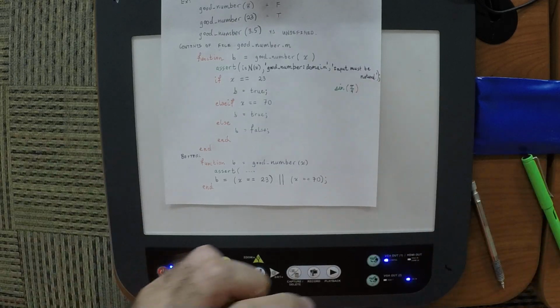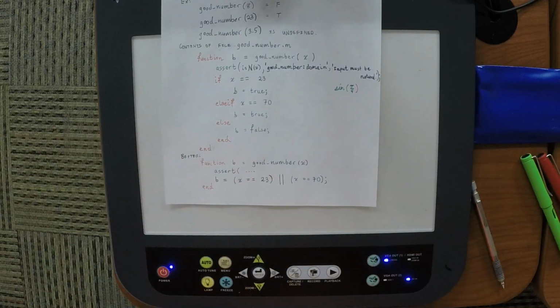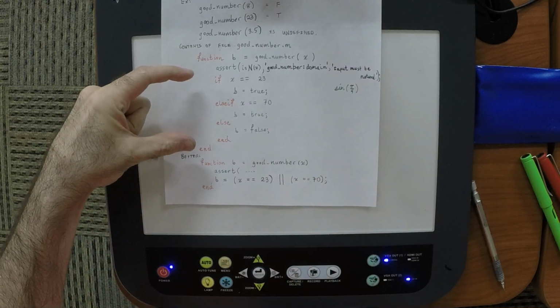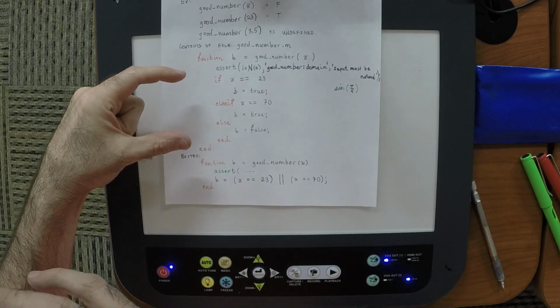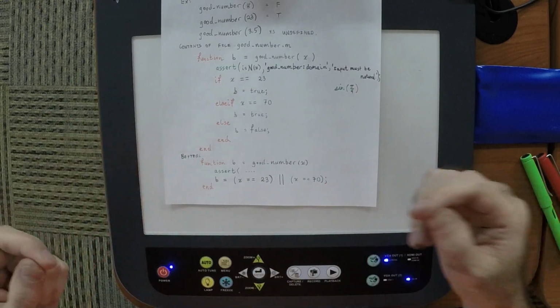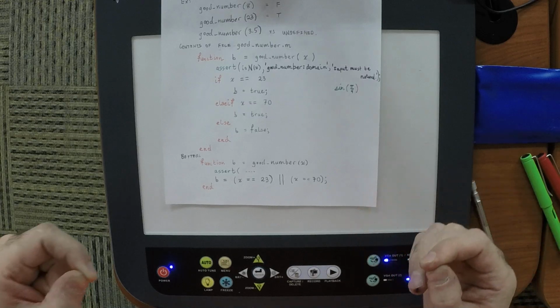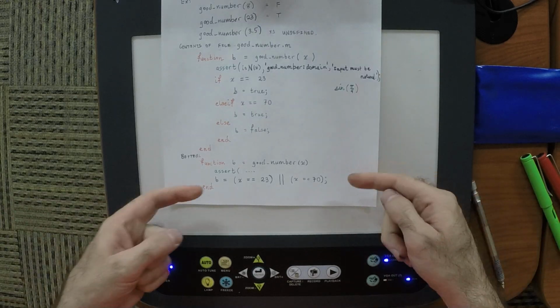Now, for that reason, some of you blazed a trail ahead and did some of the is-in and other functions, and you wrote them like this. That's fine in the sense that it works. But very soon you're going to get a style violation that says you have to do it like this.